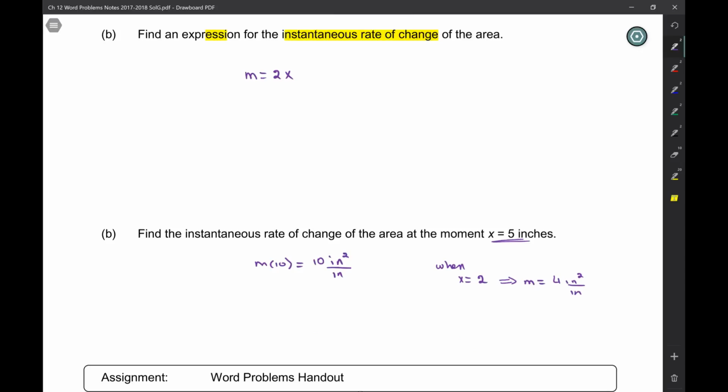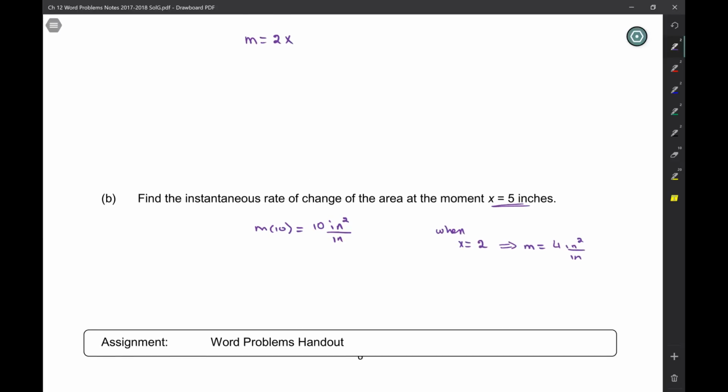The square is changing in size, right? The lengths are changing. The rate at which they're changing is 2x. Is the area changing at a constant rate? So for example, if you add 1 inch, or if you add 2 inches, do you have the same change in area?